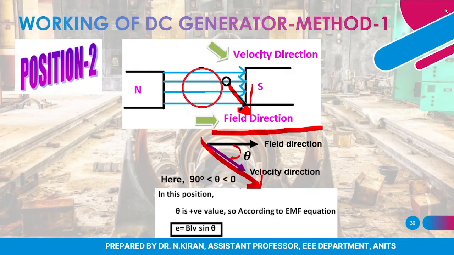Let us assume that there exists some angle theta between them, and that theta will lie between 0 and 90, somewhere in between. In this range we know that sine theta is positive. So according to my expression E is equal to BLV sine theta, my value of EMF when the conductor is in position 2 is positive.